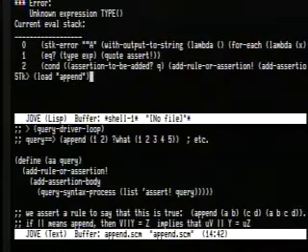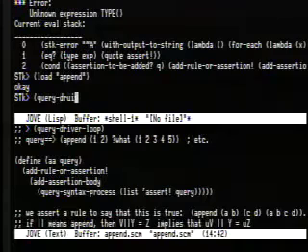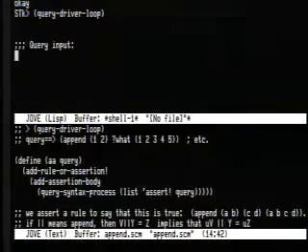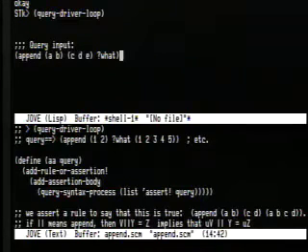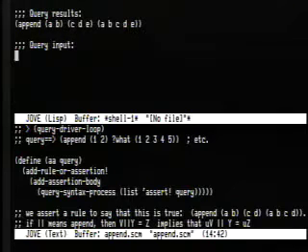Append. Here's how it works. Append A, B, C, D, E, what? It tells me.